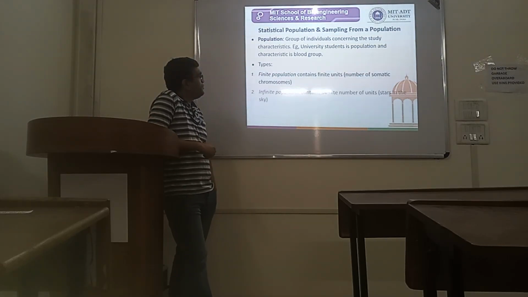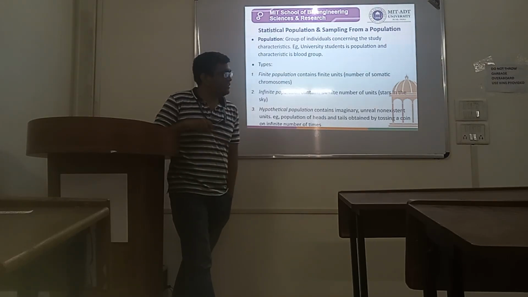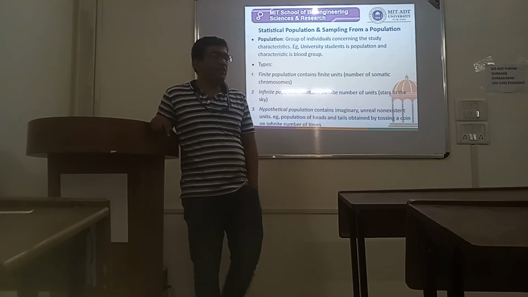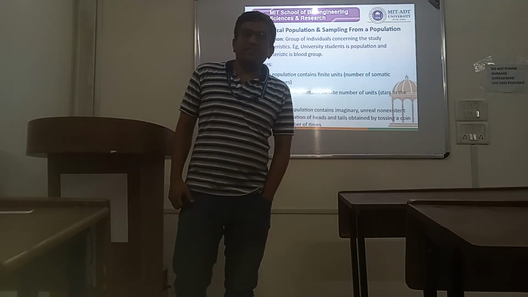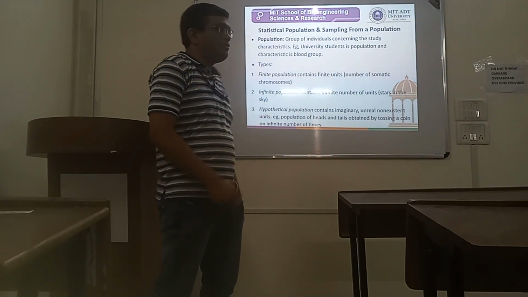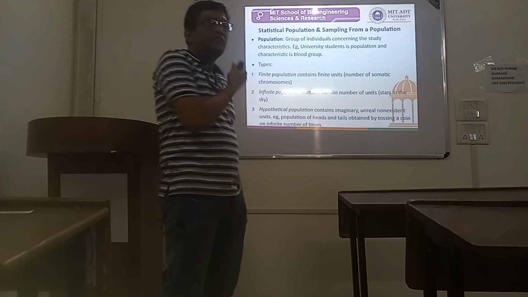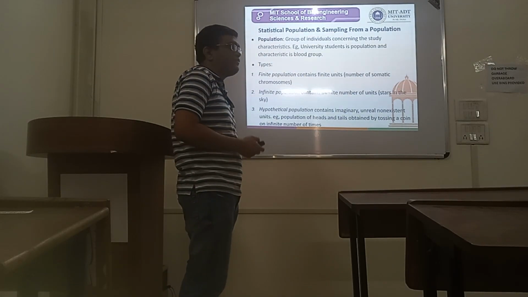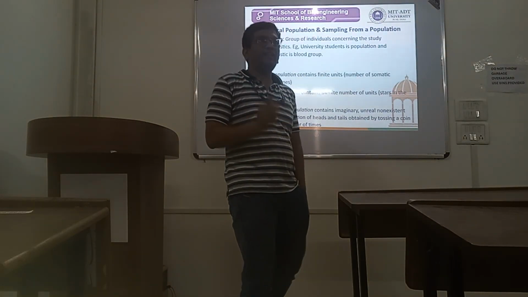There are three different types of population. First is finite population, second is infinite population, and third is hypothetical population. As the word suggests, a finite population contains finite units, that is, the number of individuals in the population is countable, fixed and finite.